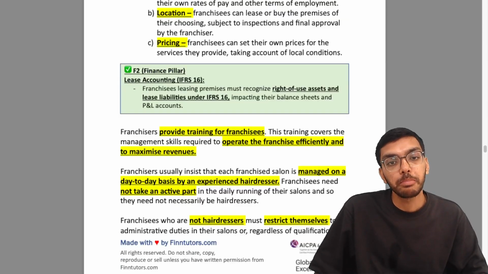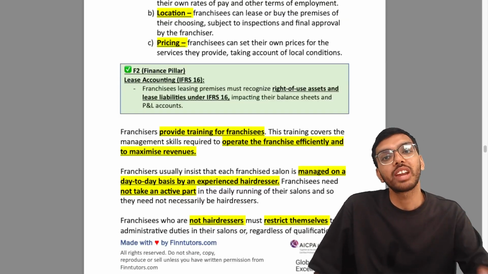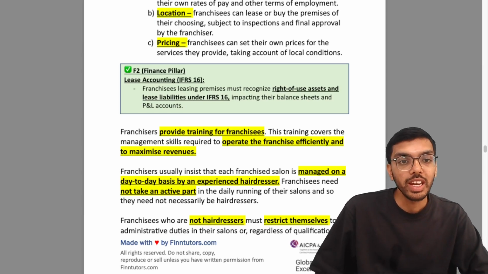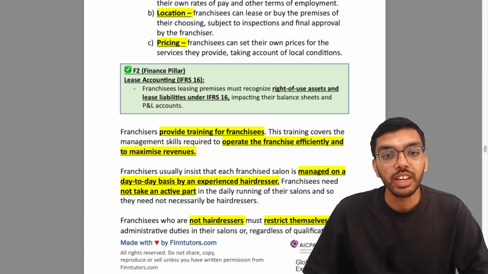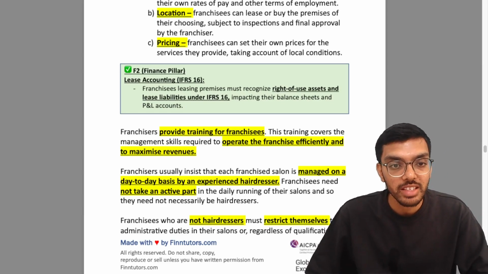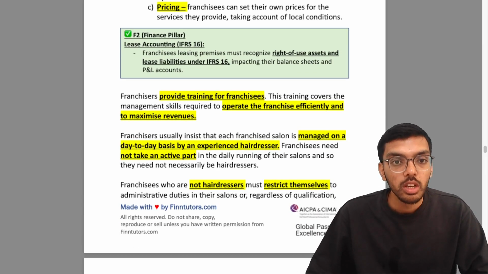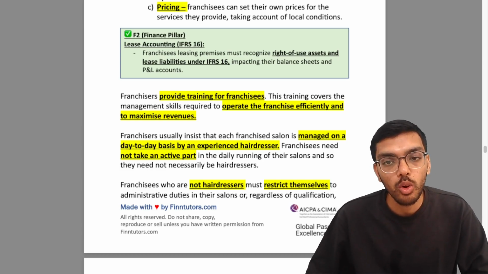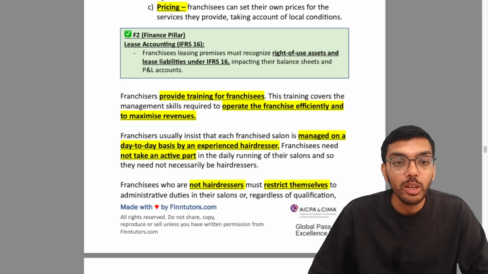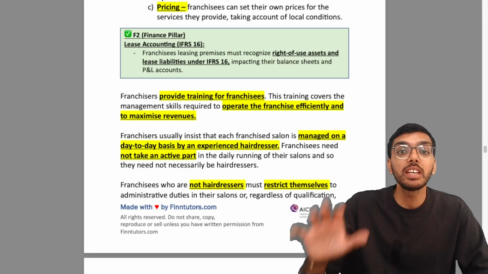Franchisors provide training for franchisees. This training covers the management skills required to operate the franchise effectively and to maximize revenues. Franchisors usually insist that each franchised salon is managed on a day-to-day basis by an experienced hairdresser.